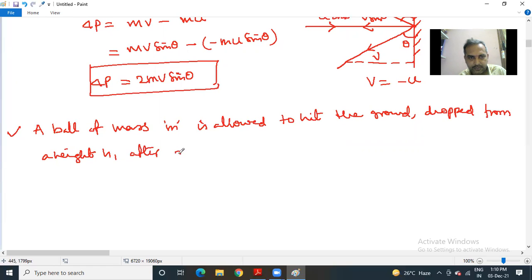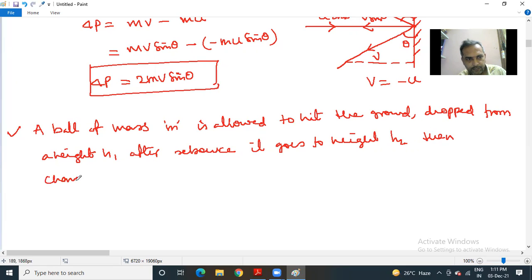After it rebounds, it goes to a height h2. Then find the change in the momentum of the ball.